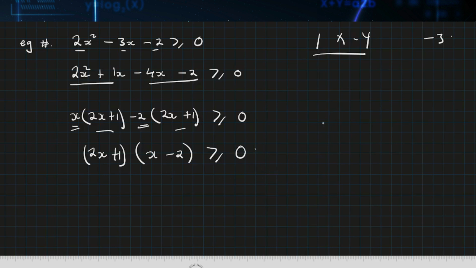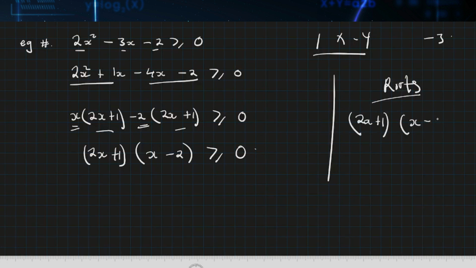So if we are to solve this, we are assuming that we want to find the roots, right? So look, we are assuming that there's an equal sign here, just to sketch, we want to find the roots that we are going to use to sketch the graph. So we're going to have 2x plus 1 times x minus 2 equals 0. And then look, either one of these is going to be equal to 0. So either 2x plus 1 equals 0, or x minus 2 equals 0.